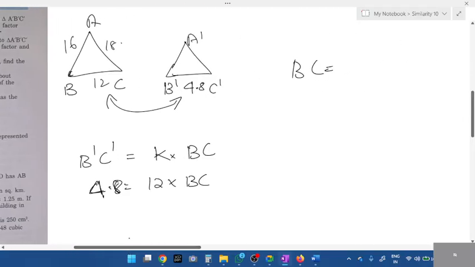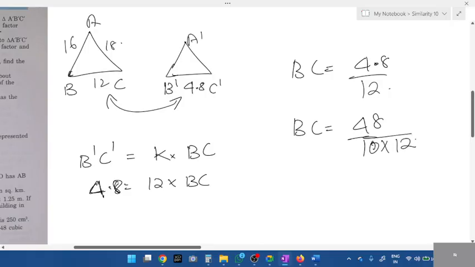A dash B dash C dash is the transformed image. So therefore K is equal to 4.8 divided by 12, which is 48 divided by 10 into 12. Did you get 2 by 5?